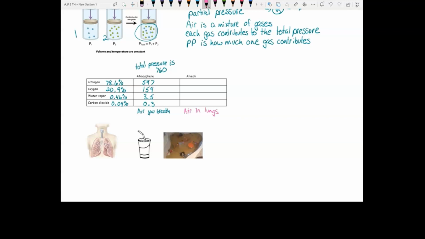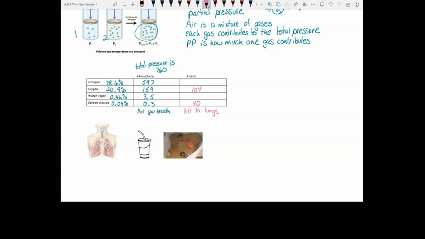Okay, so the air you breathe and the air in your lungs is actually a little bit different from each other. We're only going to worry about oxygen and carbon dioxide here because those are the gases you're exchanging. The partial pressure of oxygen for the air in your lungs is 104, and for carbon dioxide is 40.